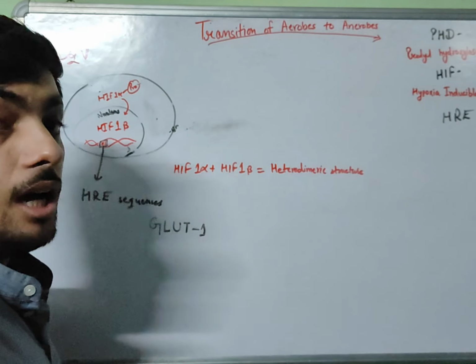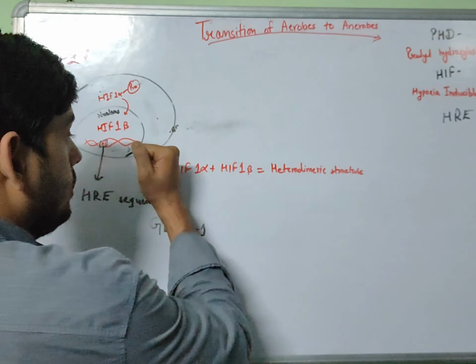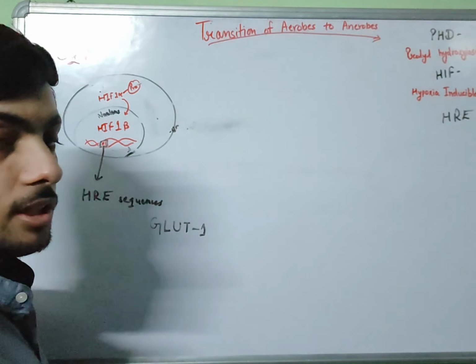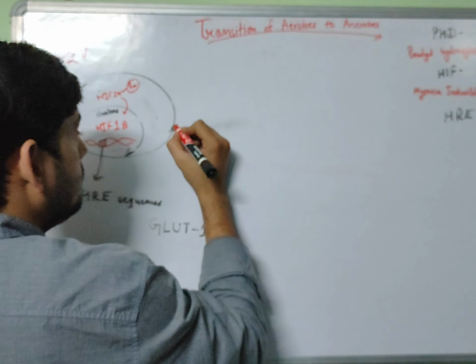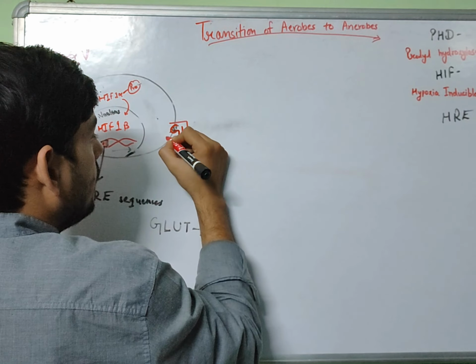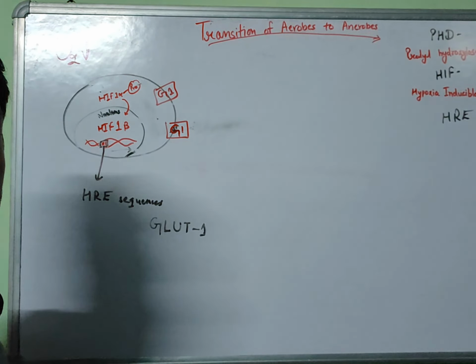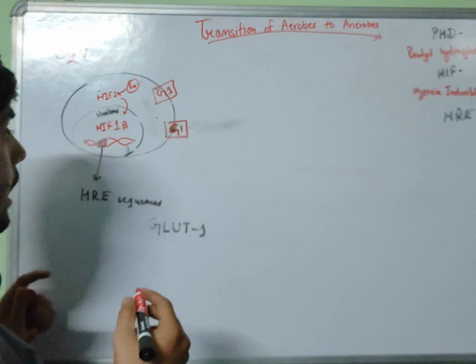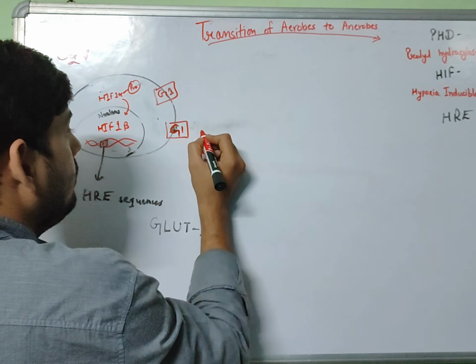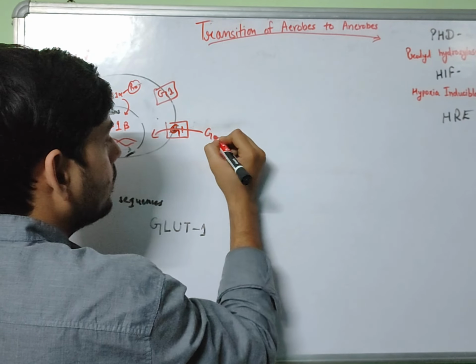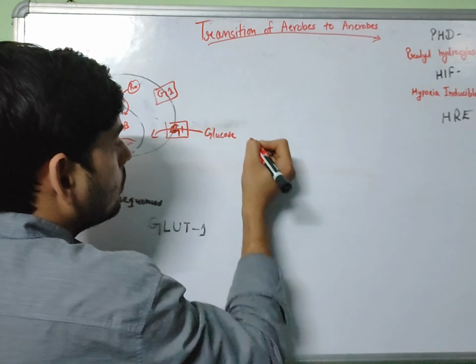These are glucose transporters. A lot of GLUT1 will form and move to the plasma membrane, and they will bring glucose inside.